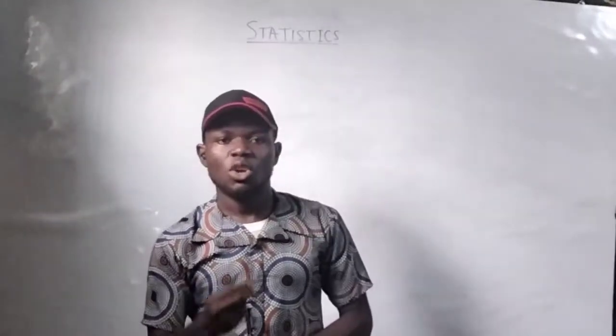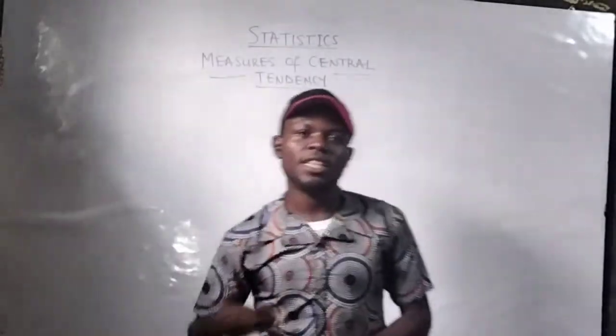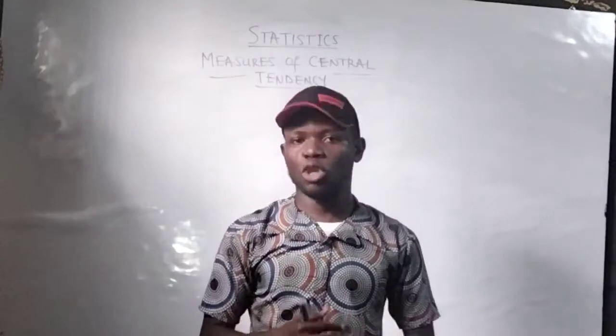We have measures of central tendency, otherwise known as measures of location. We have measures of variability, otherwise known as measures of dispersion. We have measures of partitions and the likes of them. But today we'll be focusing basically on measures of central tendency, otherwise known as measures of location.